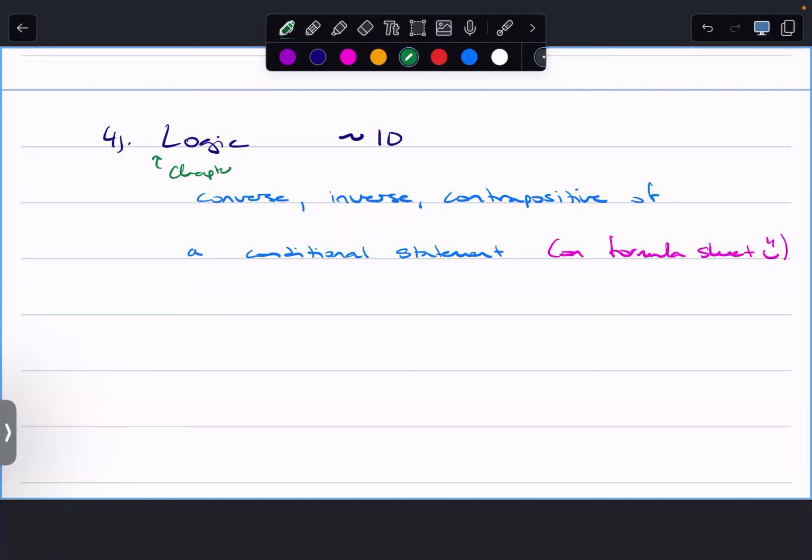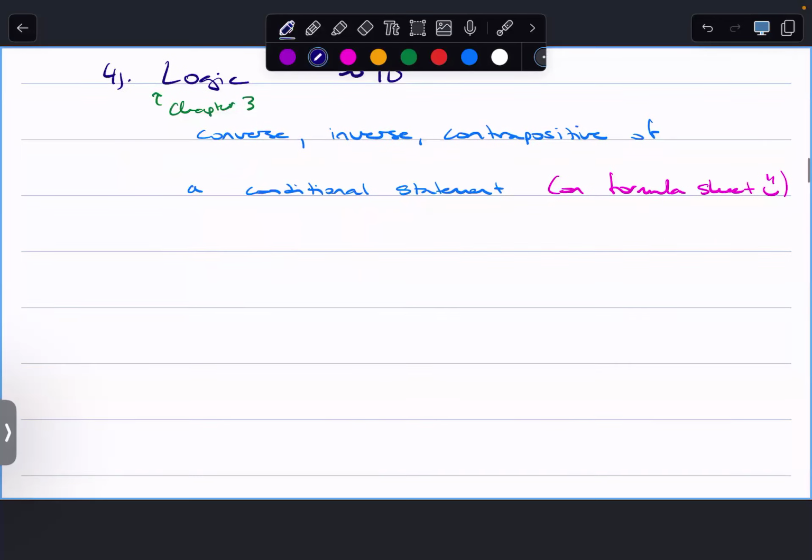And this is chapter 3 of the textbook. And again, you're not giving us a formula, your memorization. For the truth table, you just do it.